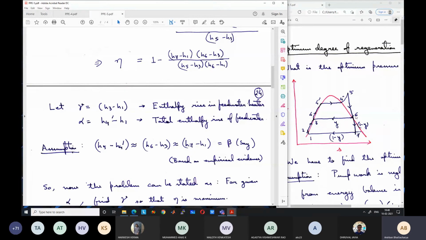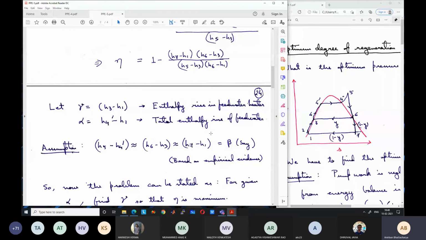All these terms we will call beta. This is not a very strong assumption, but it is the only way to solve the problem analytically, otherwise you will have different data and cannot solve it. With this assumption we will be able to find a good solution for the optimum pressure for the feed water.